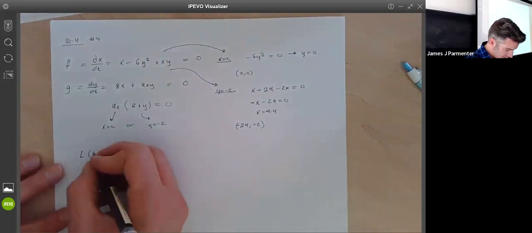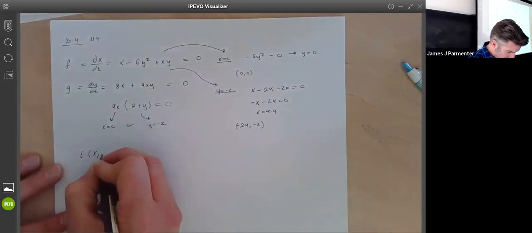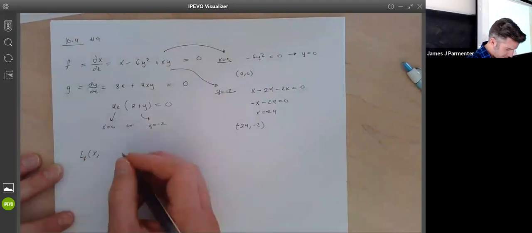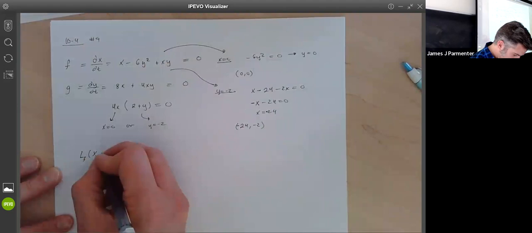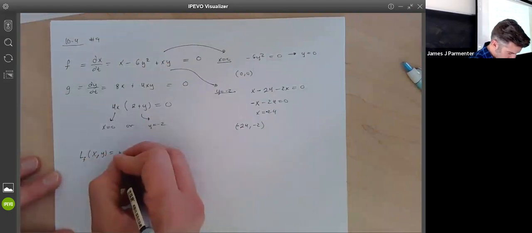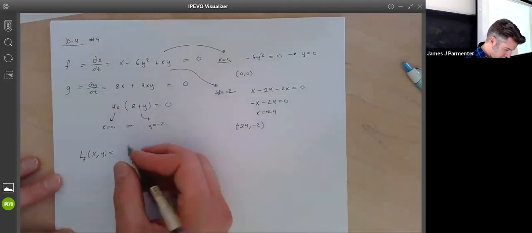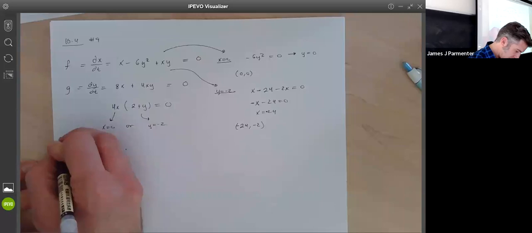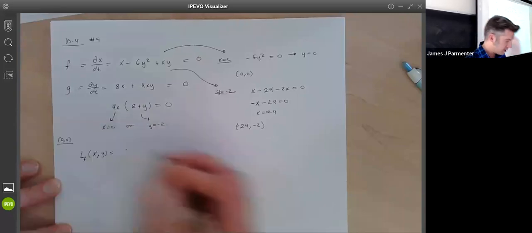So then the linearization for f is going to be, and we're going to do it first at 0, 0, even though it's not as interesting.